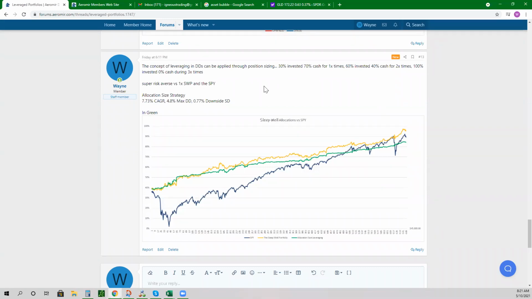So instead of doing a 1x, you're only 30% invested and the rest is in cash, or you can throw it in a bond ladder or a CD or whatever. And then 60% invested when the drawdown happens. And then of course you're 100% invested whenever the max drawdown happens.